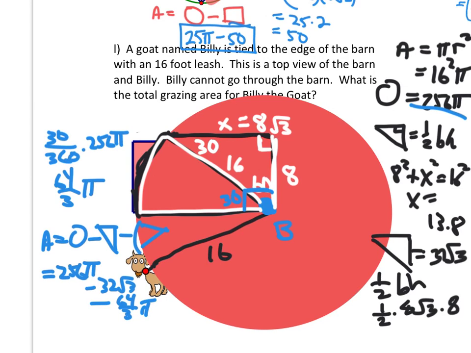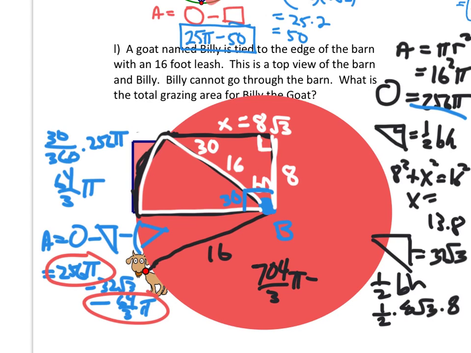Our like terms there are 256 pi and 64 over 3 pi. So when I subtract the like terms on the calculator, I'll get 704 over 3 pi.